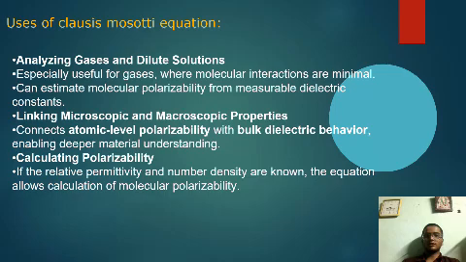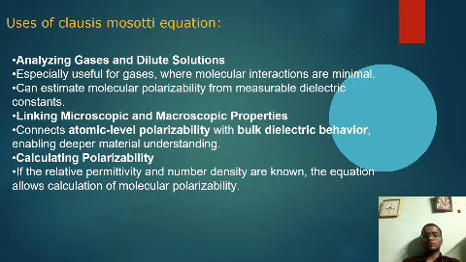Uses of the Clausius-Mossotti equation. Analyzing gases and dilute solutions: especially useful for gases where molecular interactions are minimal, it can estimate molecular polarizability from measurable dielectric constant.